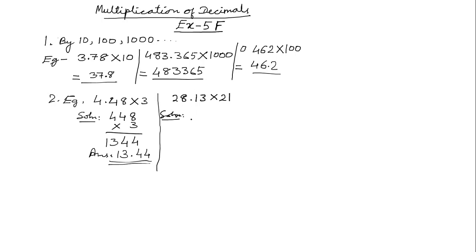We will write it as a whole number, 2813 multiplied by 21. First, as usual, the same steps will be applicable here too. 1 3 is 3, 1 1 is 1, 1 8 is 8, 1 2 is 2.